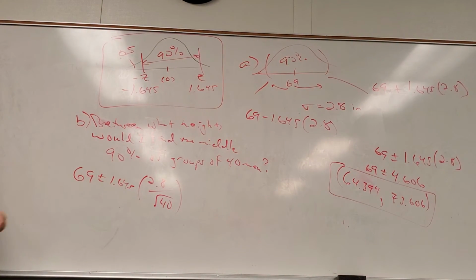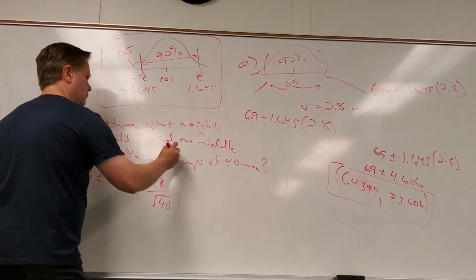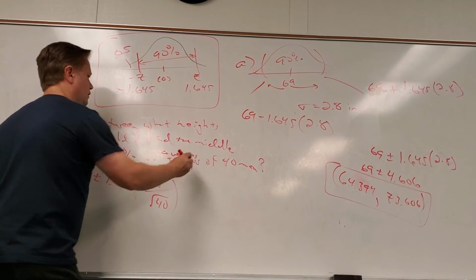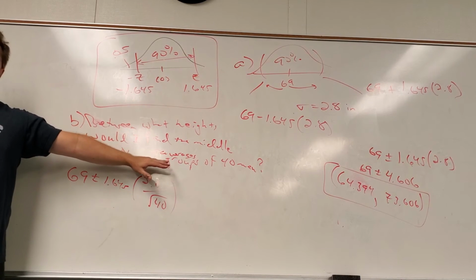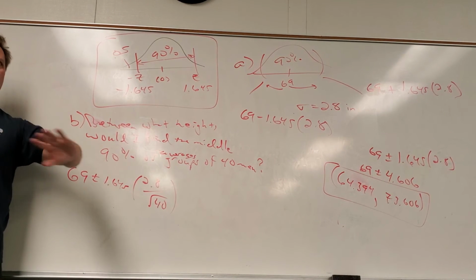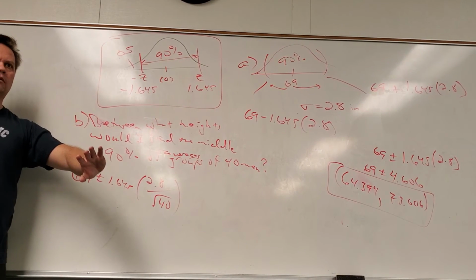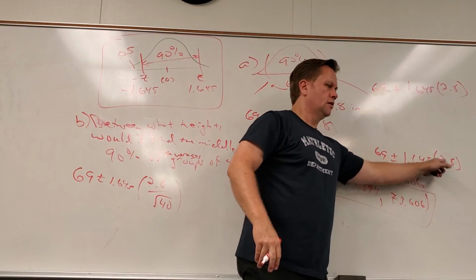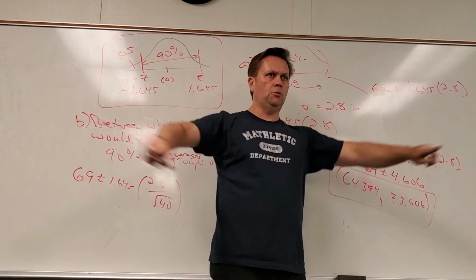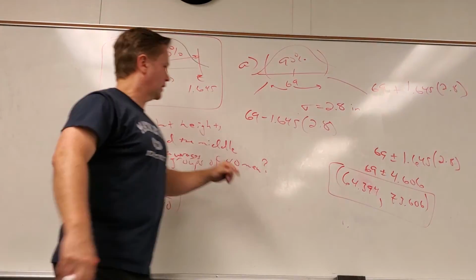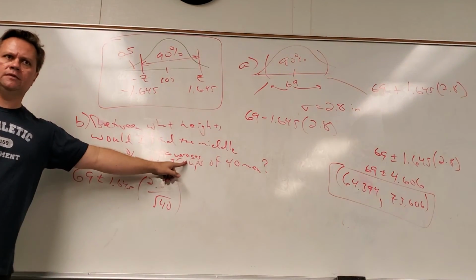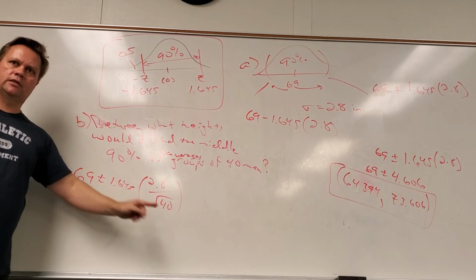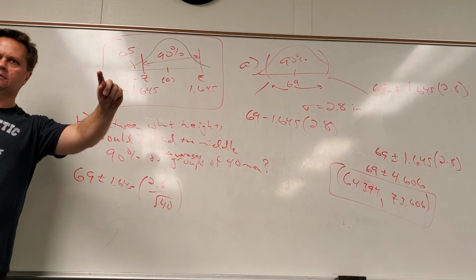Because when I take a sample and ask about the averages, what changes? The spread. Over here I took 1.645 steps above and below the mean. What happens when I take a sample and talk about the sample means? The spread changes, the step size changes.